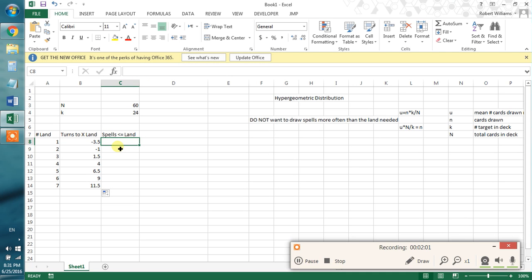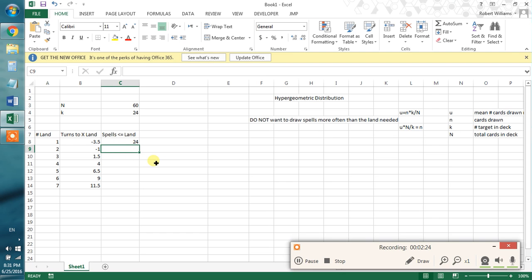So if we want to figure out how many spells we need to draw so that we're likely to draw the land we need for the spell before we draw the spell itself, we're going to do 1 times 60 divided by, and then this is the number of turns. It's also the number of cards we need if we add 6 back.